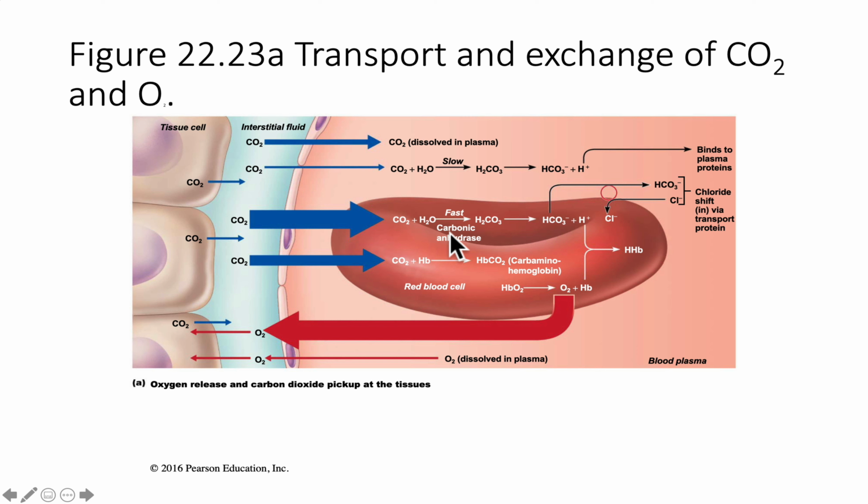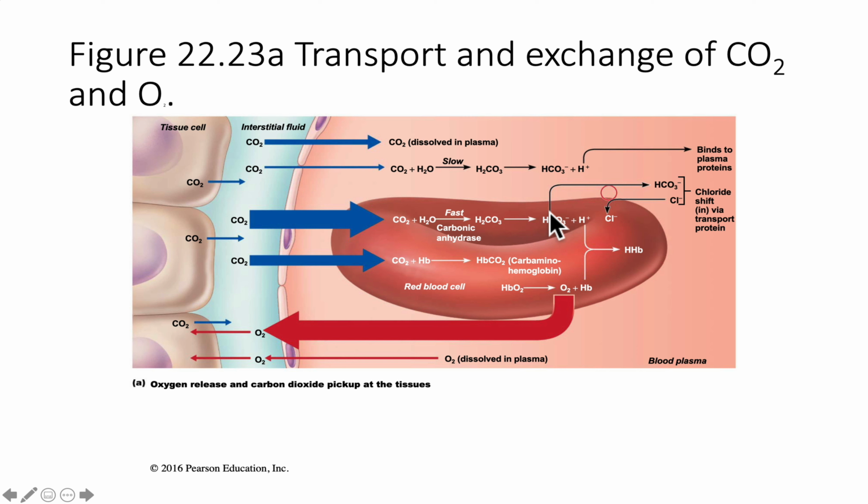So the carbon dioxide and water come together inside the red blood cell. Carbonic anhydrase, I think I said carbonic acid earlier. Carbonic anhydrase, this enzyme, will quickly convert carbon dioxide and water to carbonic acid.